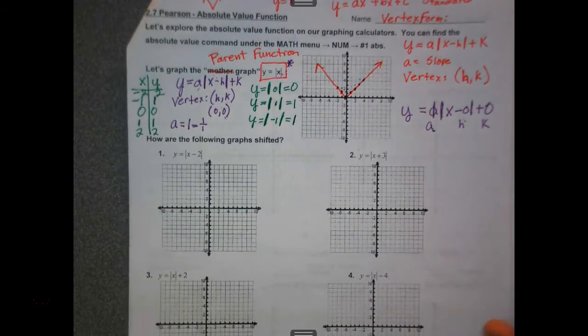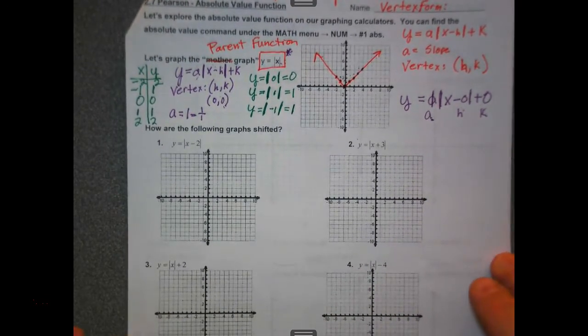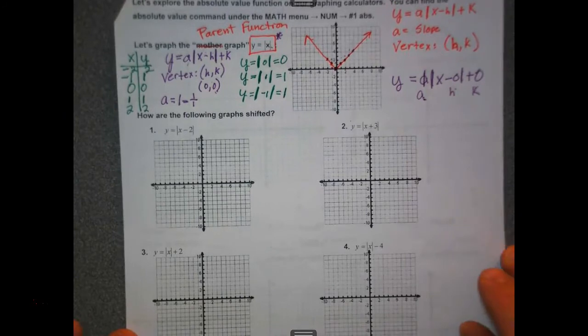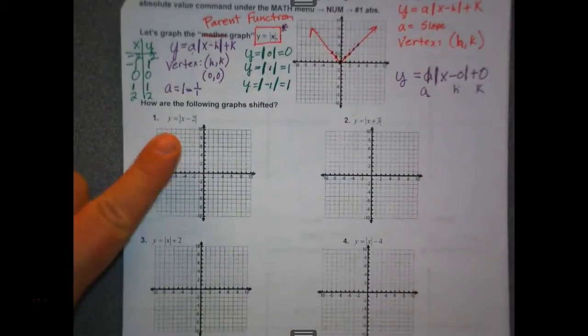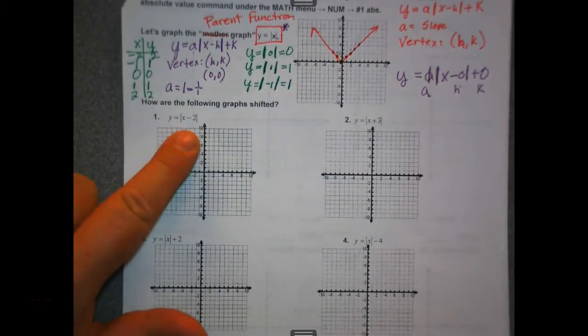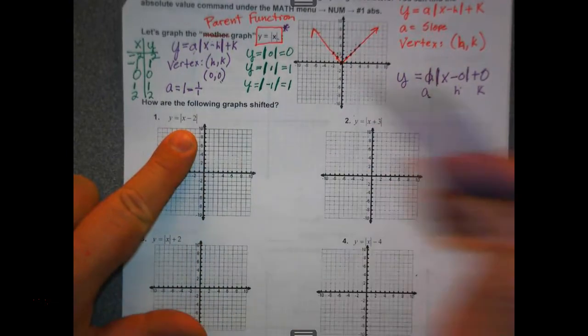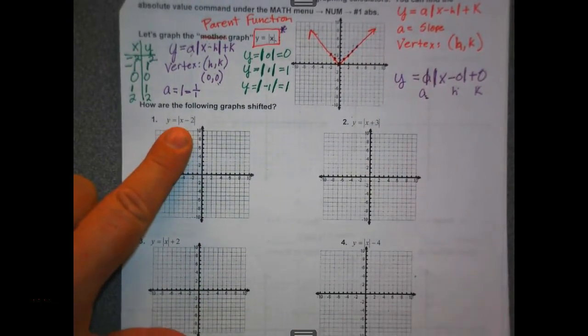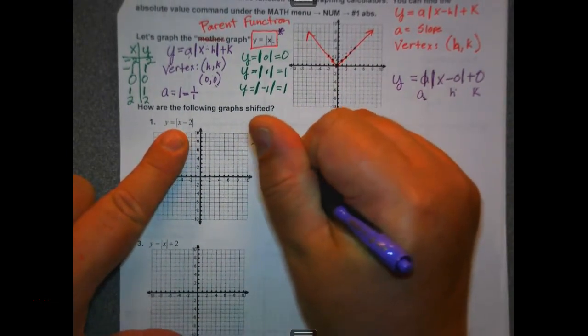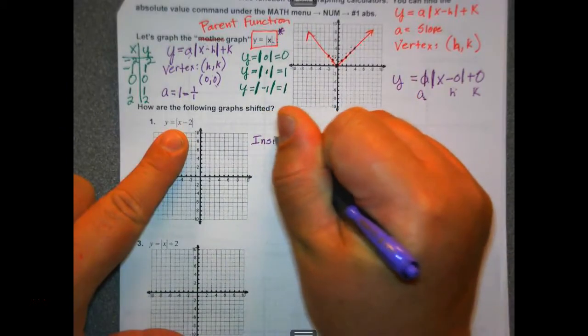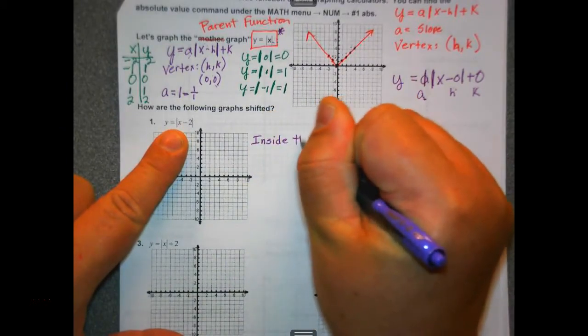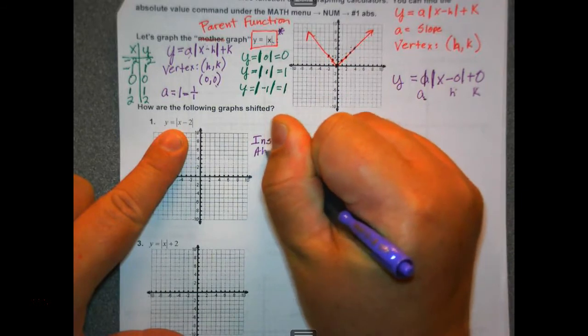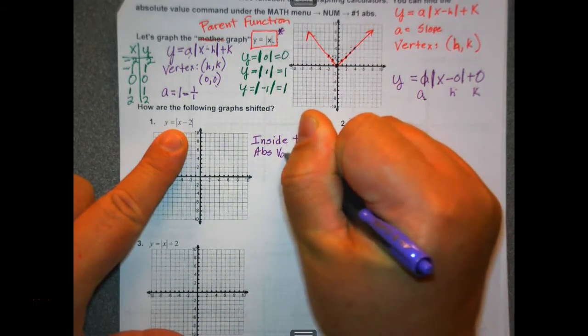All right, let's do some transformations. Okay, number one. I'm subtracting 2 inside the absolute value bars.